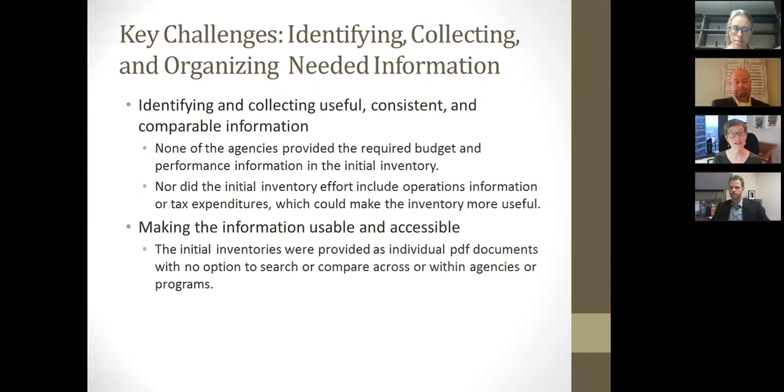And so we found that they didn't include information about what programs did, and based on some of the work that we've done, they didn't include tax expenditures, which with the news now, tax expenditures are kind of a big deal. So those are the write-off you take for your home mortgage, for example.